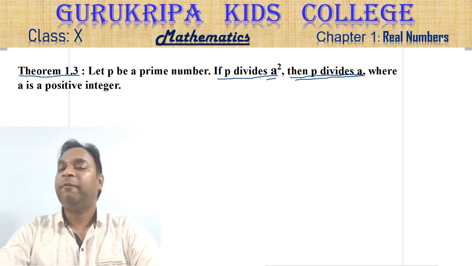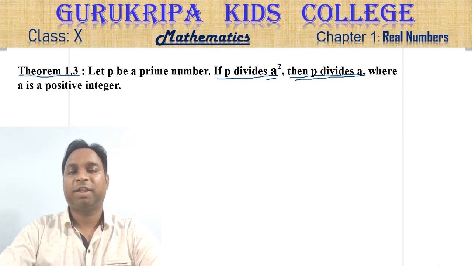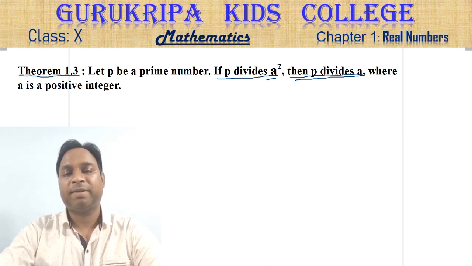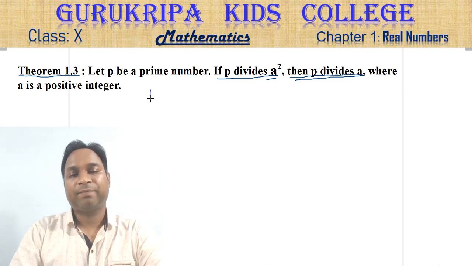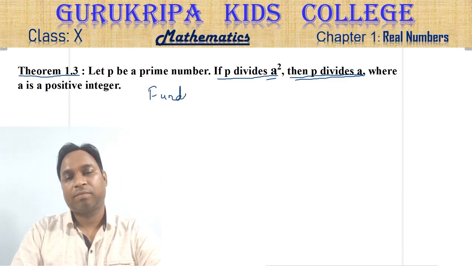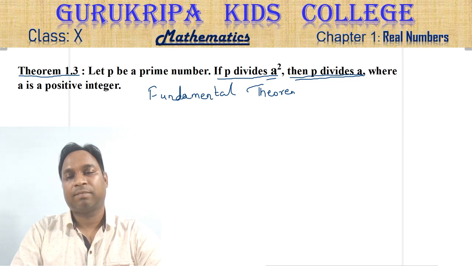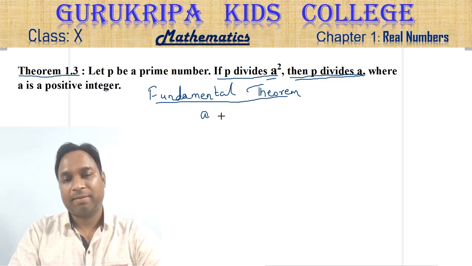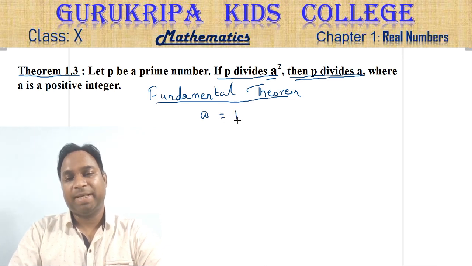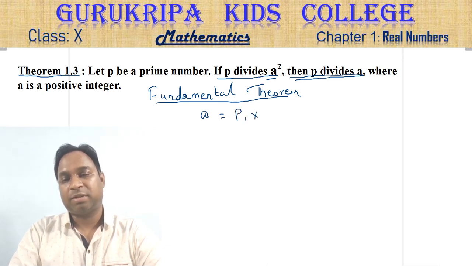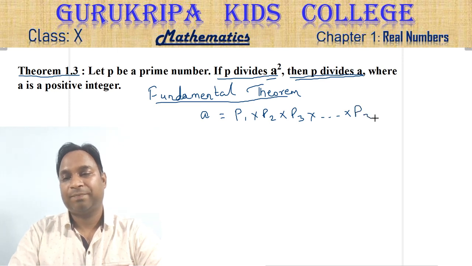Now, do you remember the fundamental theorem of arithmetic? We have learned the very first theorem in this chapter, the fundamental theorem of arithmetic. What did it say? Any number A, if it is not a prime number, can be expressed as a product of primes P1 into P2 into P3, some number of primes, up to Pn.